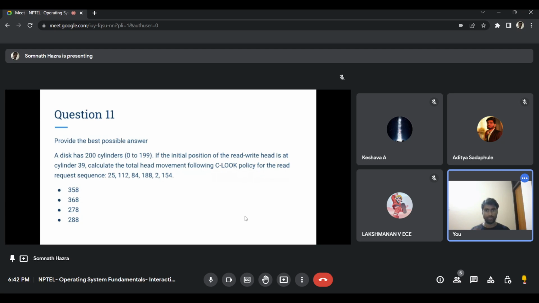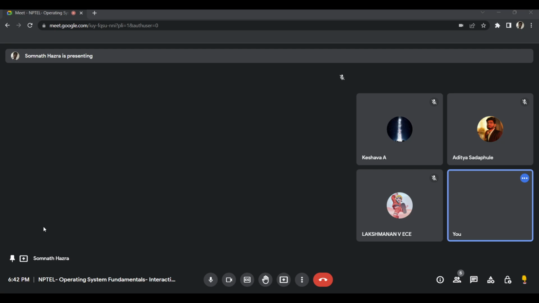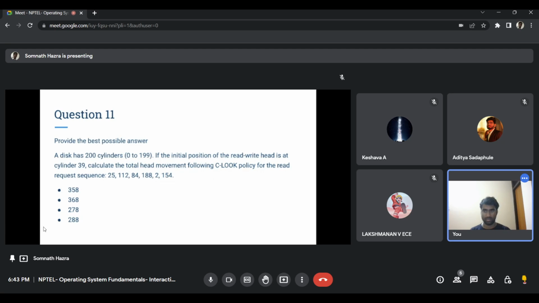So this follows the C-LOOK policy. It will go towards the increasing sequence and then it will jump down.